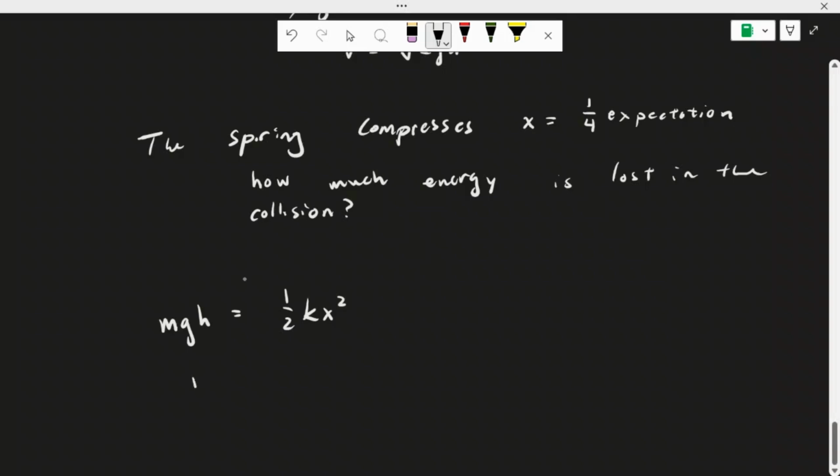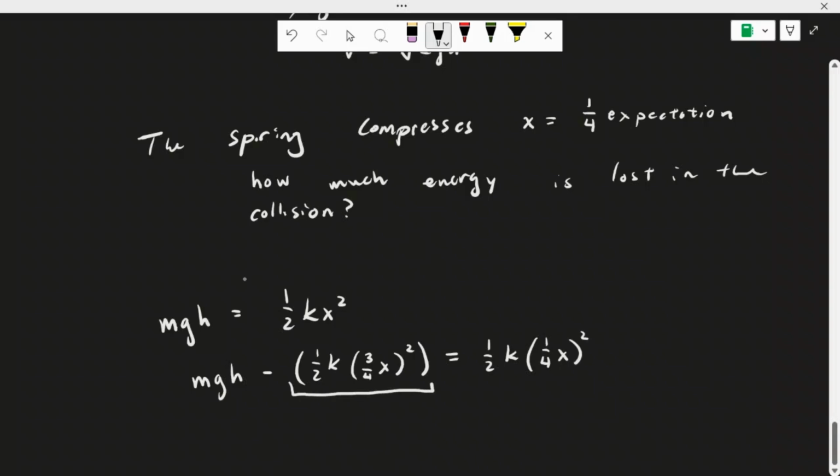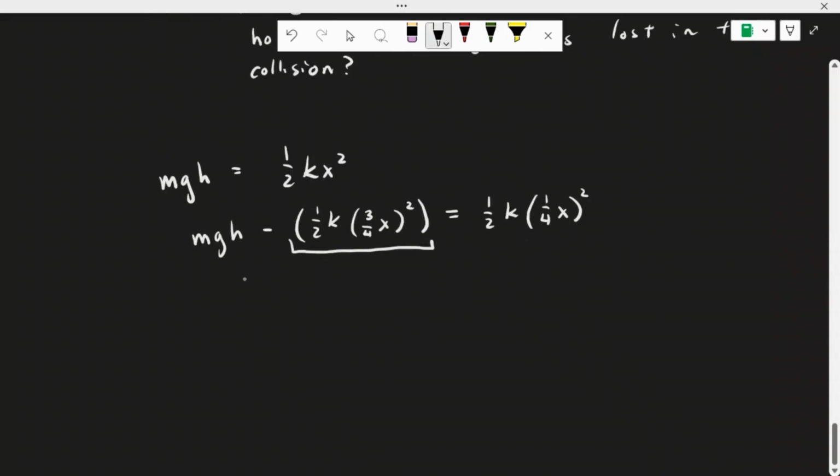And I know mgh minus 1/2 k times 1/4 of x squared, the 3/4 of x squared, is going to be the energy that was lost, and this will equal 1/2 k times 3/4 x squared. And this is actually what they're looking for right here. So you see how if I added this back over here, I would get the total x, right?